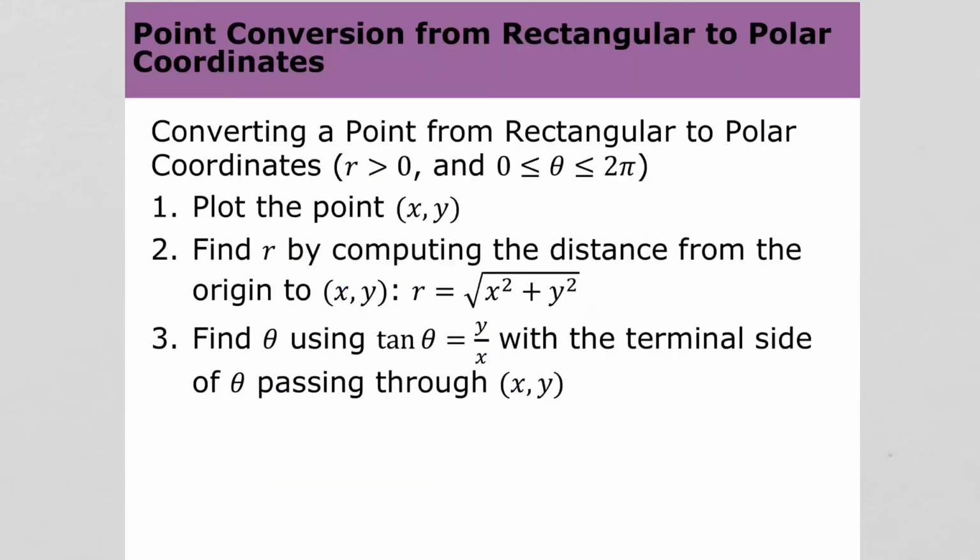We also need to be able to transfer back from rectangular coordinates to polar coordinates. So we can find the radius by using the Pythagorean theorem again. R squared equals x squared plus y squared. We're just solving for r by taking the square root of both sides. And we can find theta using tangent of theta equals y over x.